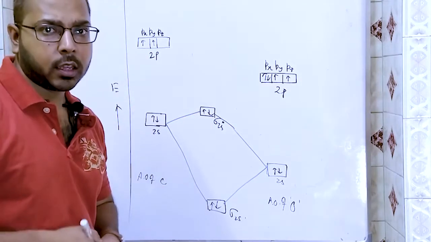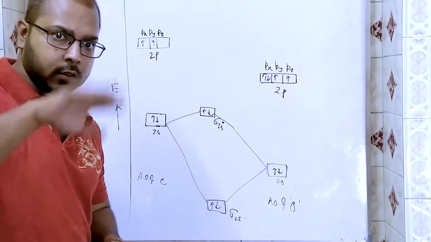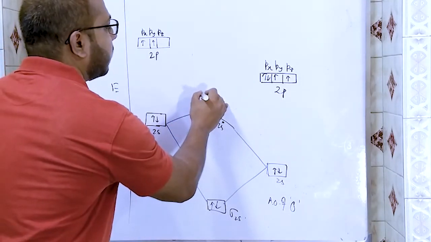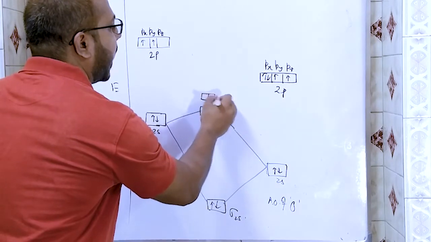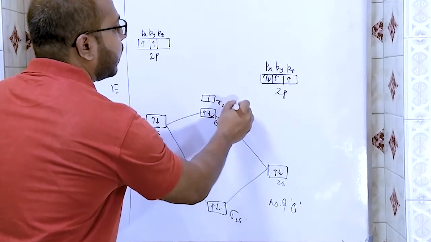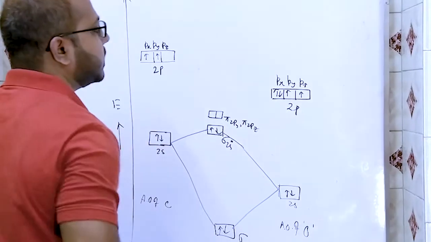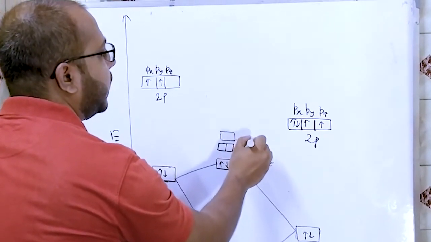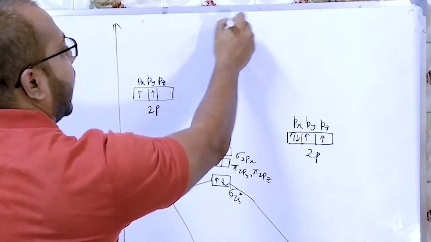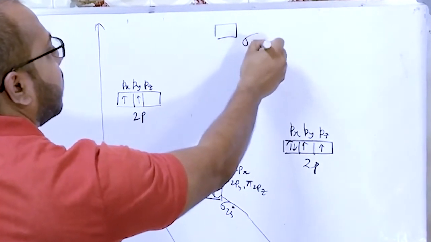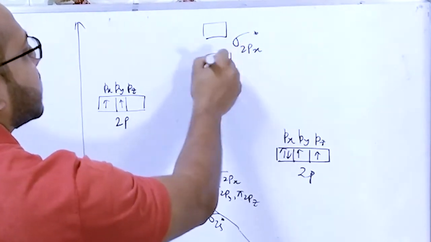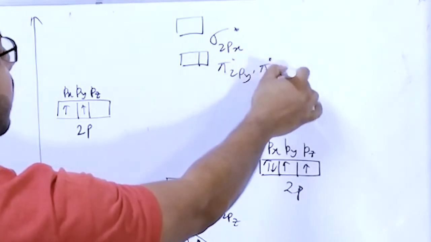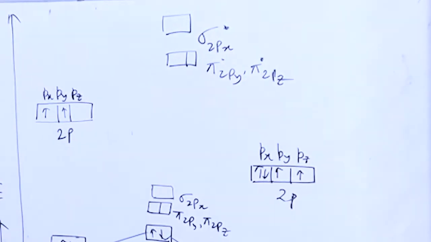Px will form sigma, again the x-axis is the bonding axis, same, but here again pi 2py, pi 2pz, sigma 2px, and anti-bonding sigma 2px star, pi 2py star, pi 2pz star.